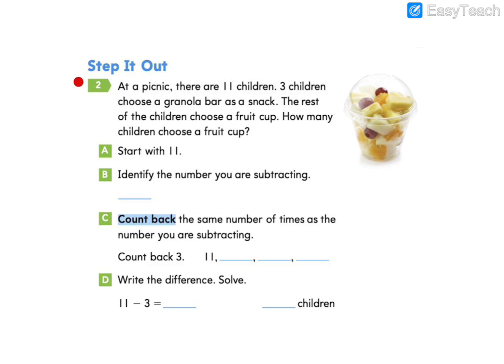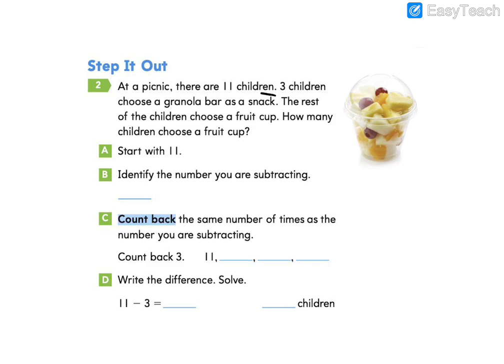Go ahead and turn to page 22. Our second problem says, at a picnic, there are 11 children. 3 children choose a granola bar as a snack. The rest of the children choose a fruit cup. How many children choose a fruit cup? We're going to start with the 11 total children. First, we need to determine how many we're going to subtract.